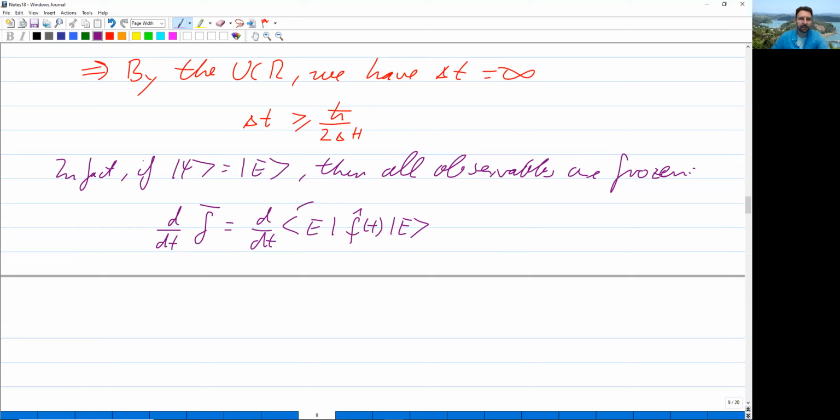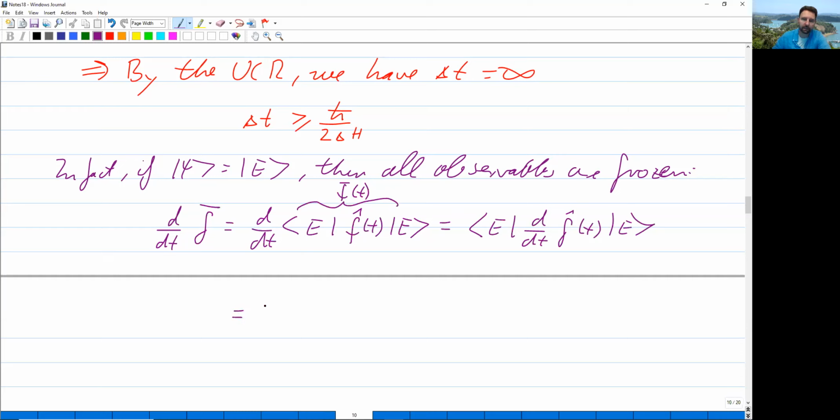Remember, this is f bar of t. And the |E> is just an initial state, right? So this has no time dependence. So we have this. And therefore, we can write this as <E| and then d by dt of f hat of t |E>.